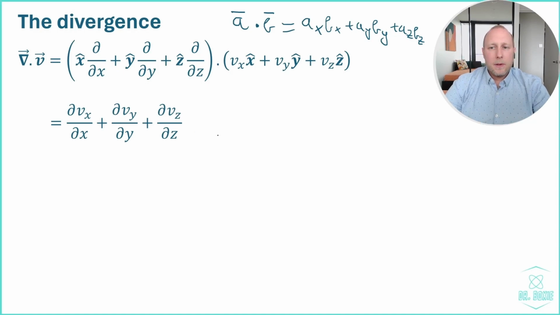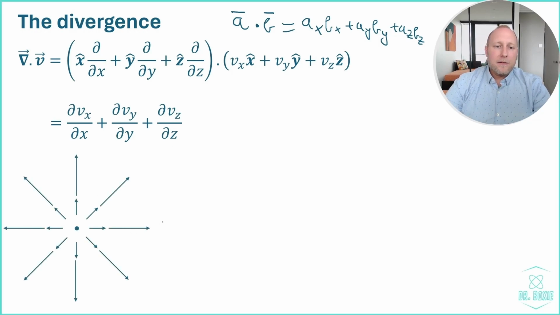What does it mean? Well, the actual interpretation of the divergence will be given in the next lesson when we will learn integral theorems on vector fields. But for now, let's try to understand the intuition behind it, and the actual statement of the theorem will come in the next lesson. Let's think, for instance, of a vector field that looks a little bit like this.